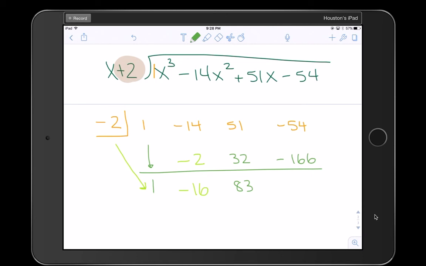And we're going to add those again, negative 220. So now we're ready to look at the answer for this. The very last column is always your remainder. So I know my remainder in this problem is going to be a negative 220.